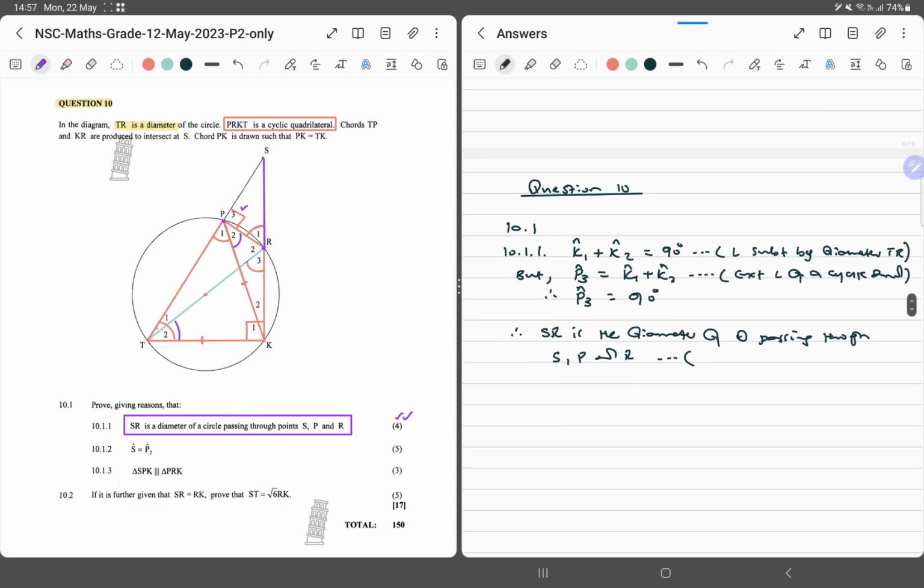It is the converse of the angle in a semicircle. Because we found out the angle in the semicircle is 90 degrees. So we started by finding the angle, then in reverse we proved that that should be the diameter.